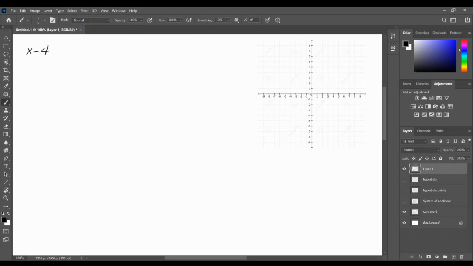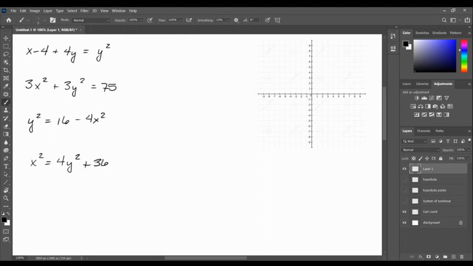x minus 4 plus 4y equals y squared, or 3x squared plus 3y squared equals 75, or y squared equals 16 minus 4x squared, or x squared equals 4y squared plus 36.